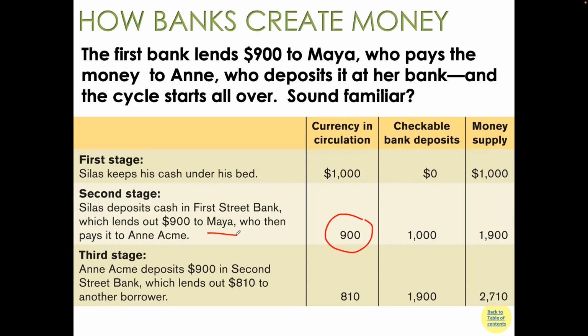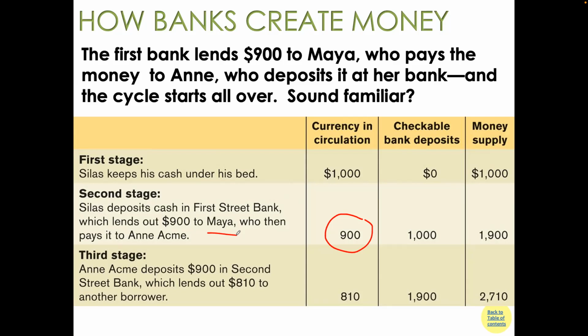What does Maya have? 900 what? Cash, right? So Maya has $900 of cash. Now what is the total money supply? 1,900. So you can see it immediately generates 900 more.